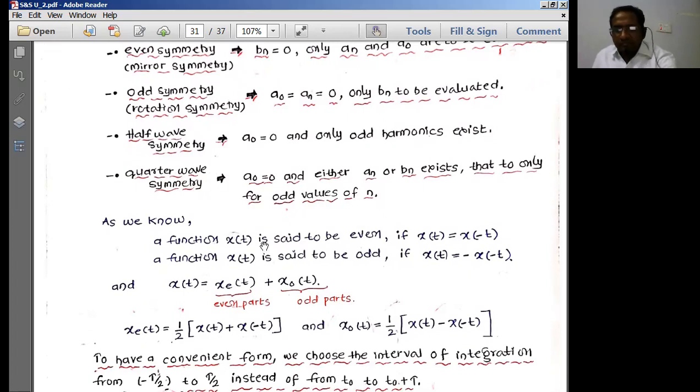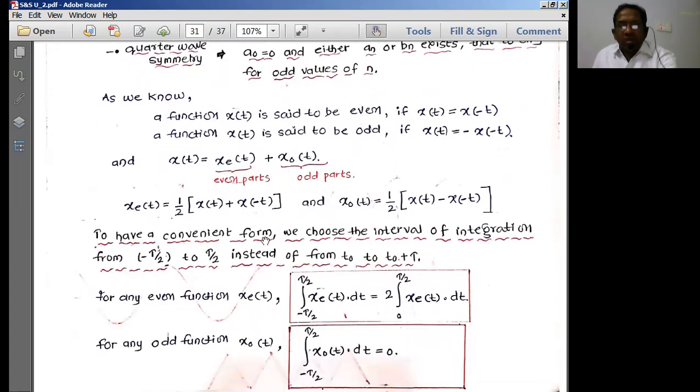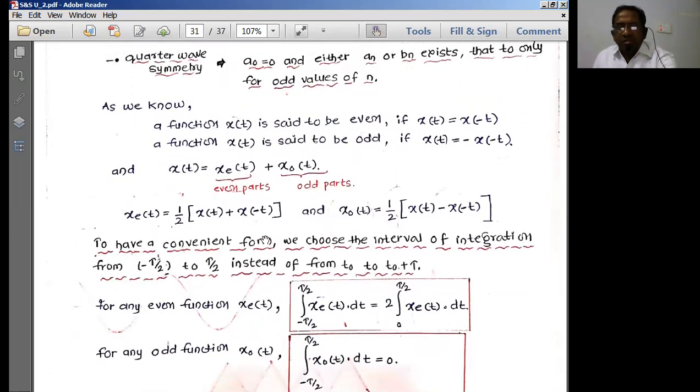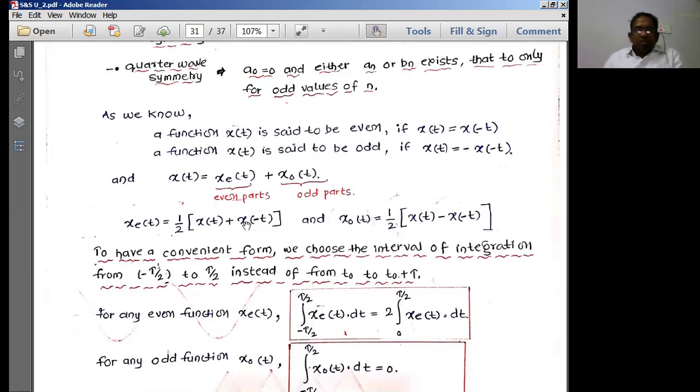Now let us go somewhat into the expressions of odd and even functions. We know a function x of t is said to be an even function if x of t is equal to x of minus t. What is the meaning of even function?